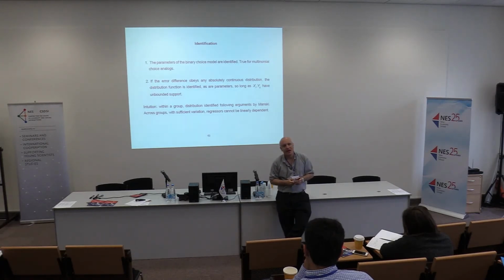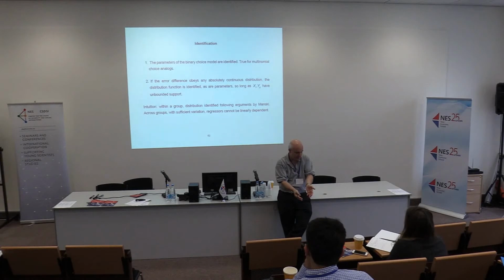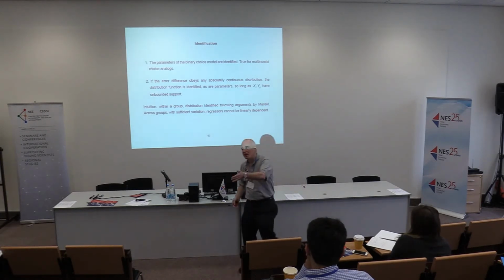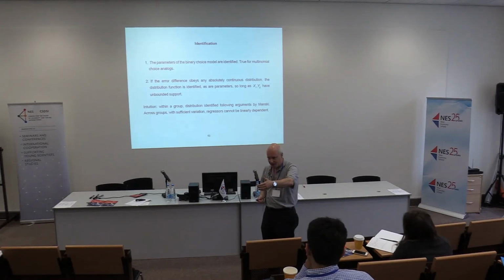In my calculations here, I assumed I knew the density of the errors. That's kind of standard, that's what it means. I say there's a Logit model. That means I assume the difference of the errors has a certain relationship. If you say you have a probit model, you assume a different relationship, distribution function to the errors, right? Here's a second result.